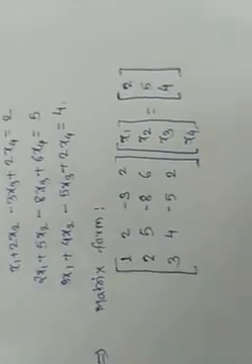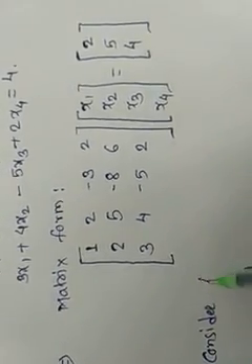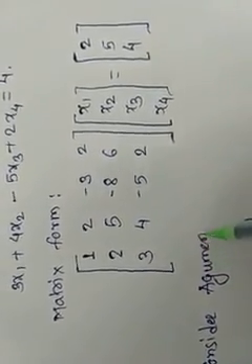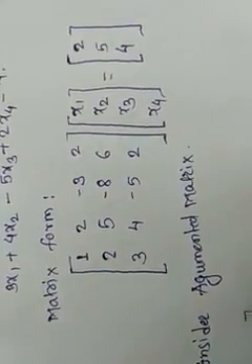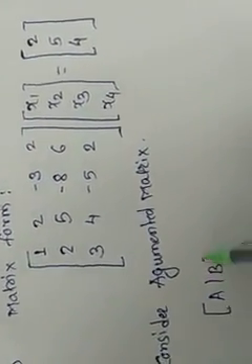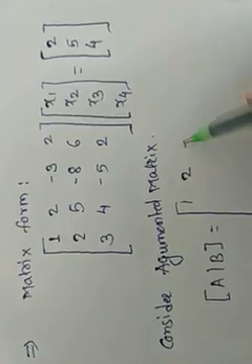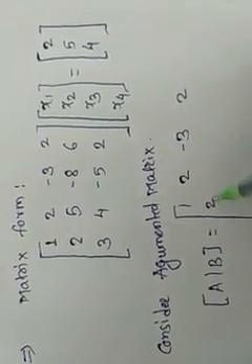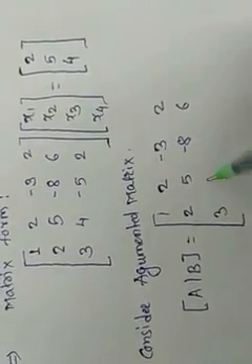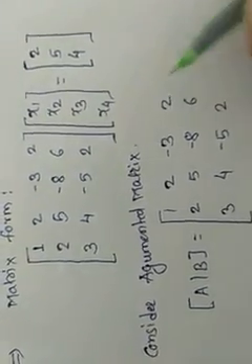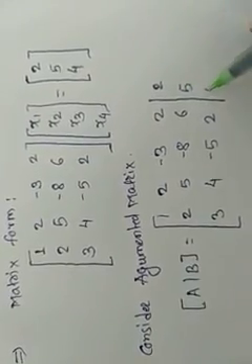Now consider the augmented matrix [A|B], which is 1, 2, -3, 2, 2, 5, -8, 6, 3, 4, -5, 2, augmented with the constant matrix 2, 5, 4.